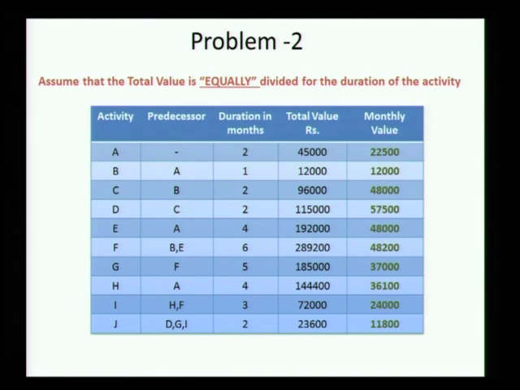Some of the simpler software only allow you to do equal proportioning of the resource or the cost or whatever it is. Most professional software will allow some function or some variation where you can talk about how you are actually spending the money, how it varies, and there need not be a function.